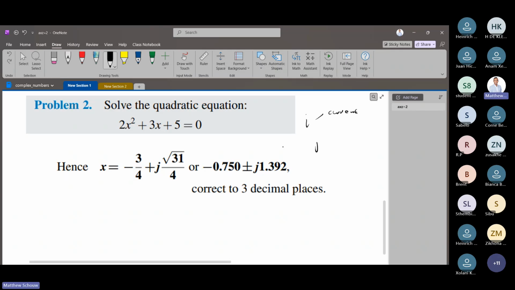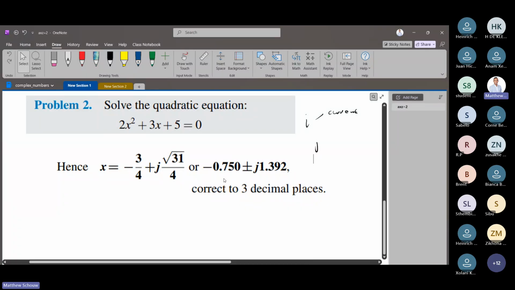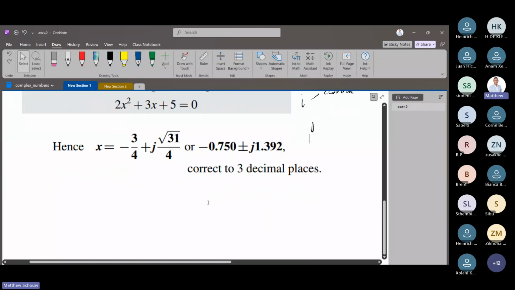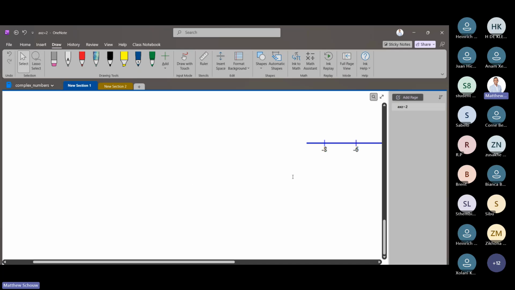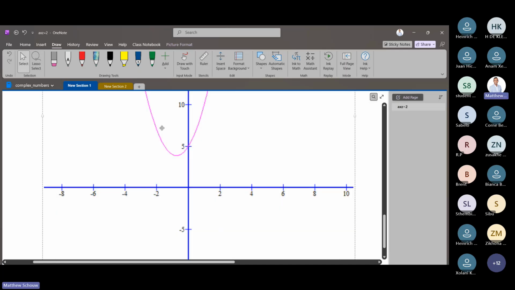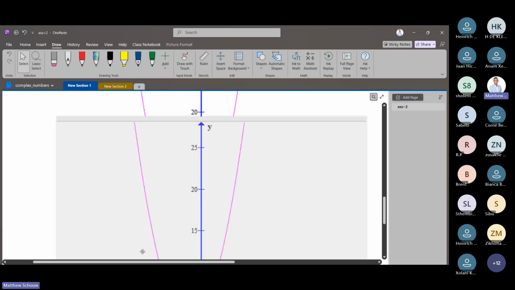And if you're wondering what the graph looks like for this particular thing, I'm going to turn on the graphing software now to show you. You'll notice that there are no real roots on this graph. It doesn't cut the x-axis at all.